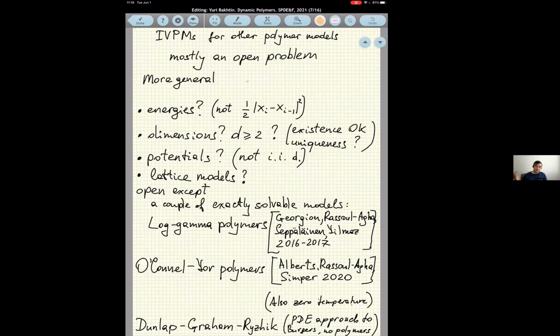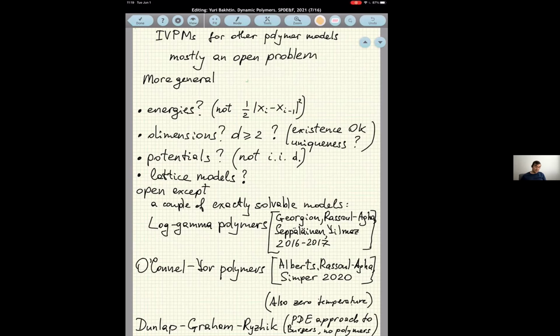What if the self interaction is not quadratic? What if the dimension is higher than 1? What if the potentials are not IID? What if something else happens? What happens for lattice models? All of that is open, except for a couple of cases where you have exact solvability.